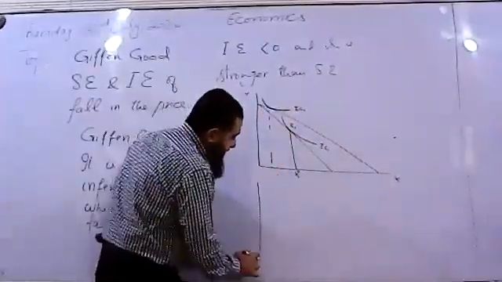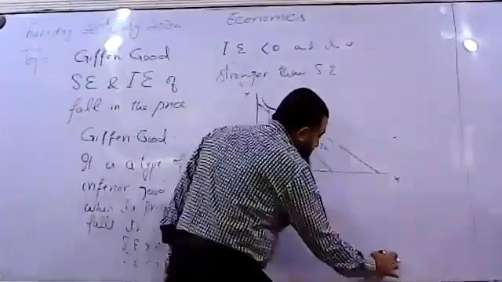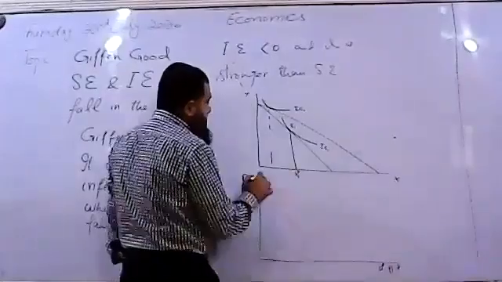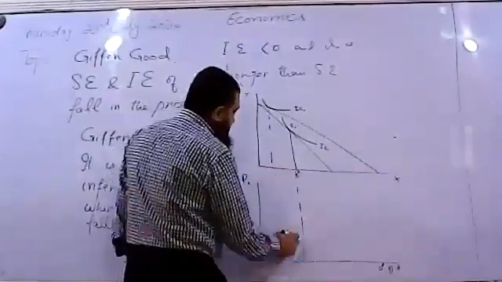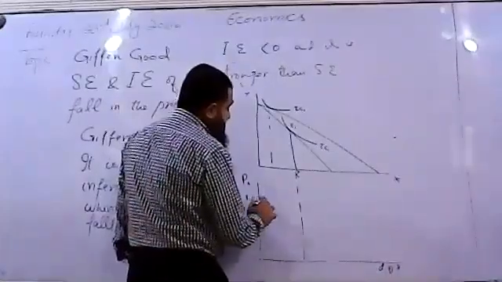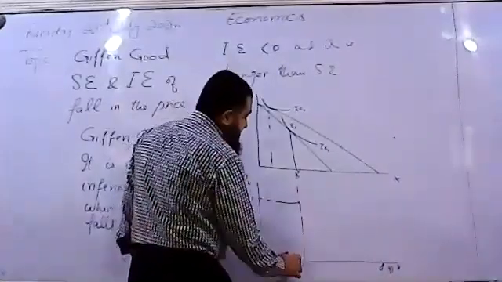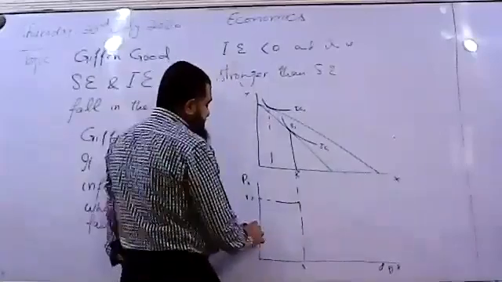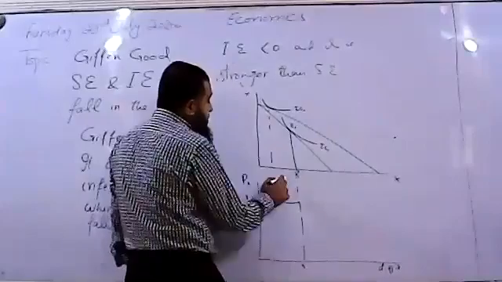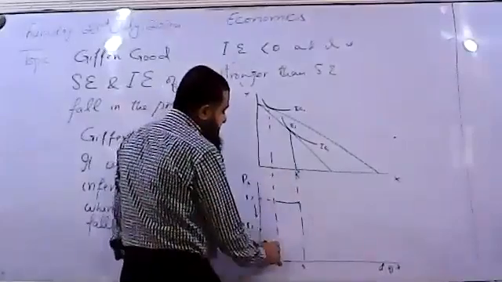If we draw the price and quantity demanded of X, quantity of X and price of X. When price of X was $2, he was consuming these number of units, X1. So when price goes down to $1, he is buying less.